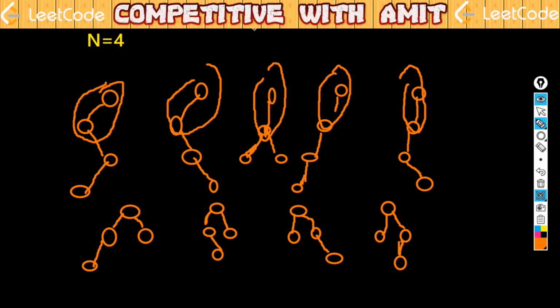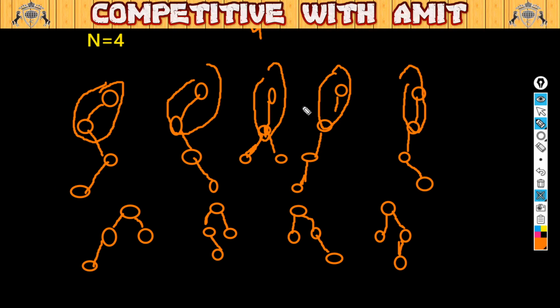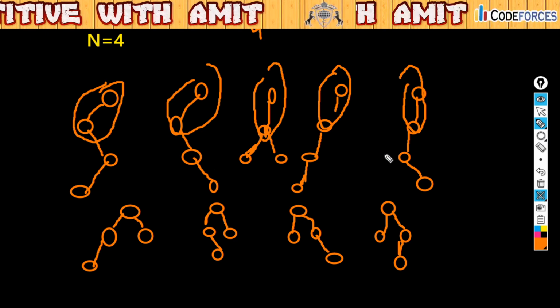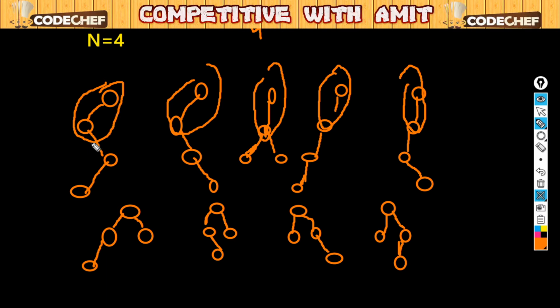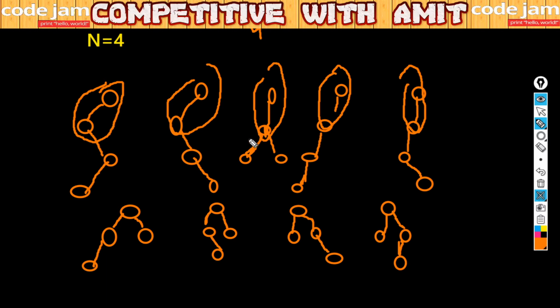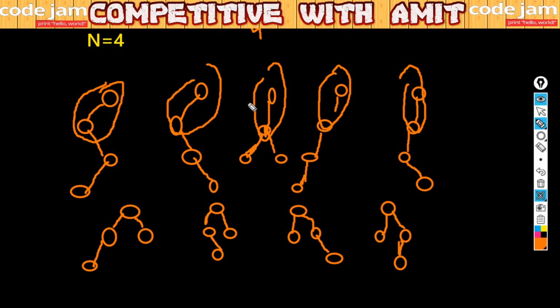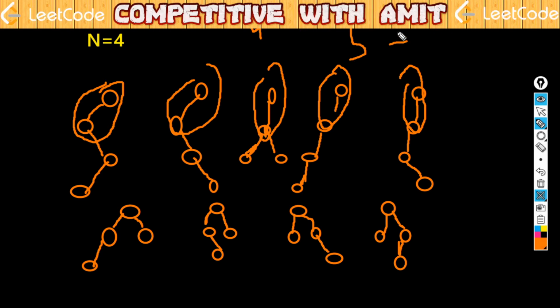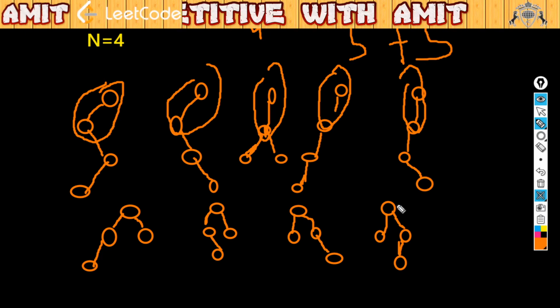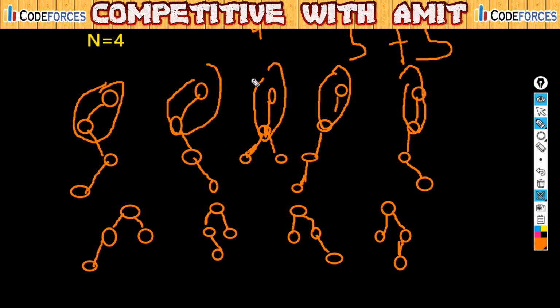For n equals 4, we have these 5 combinations in which the root node's left is fixed. Similarly for right, the same 5 combinations will be there. So till now what is the value? 5 plus 5, 10. So we got 10 sequences.